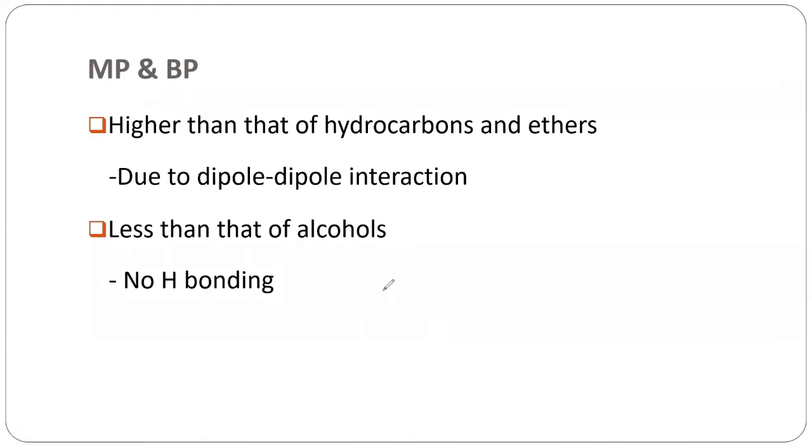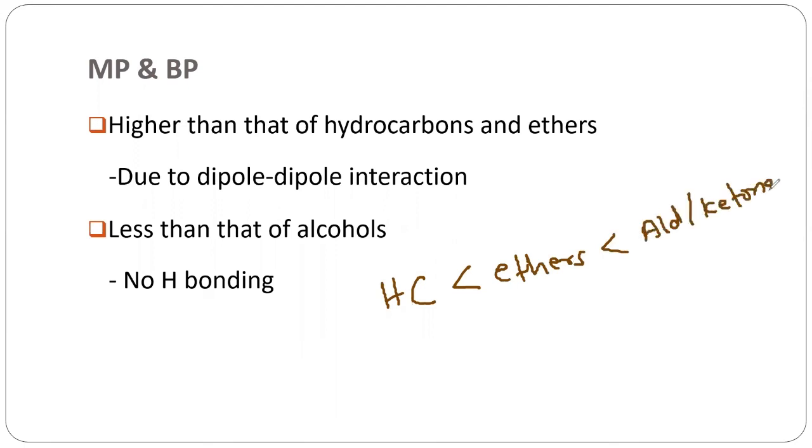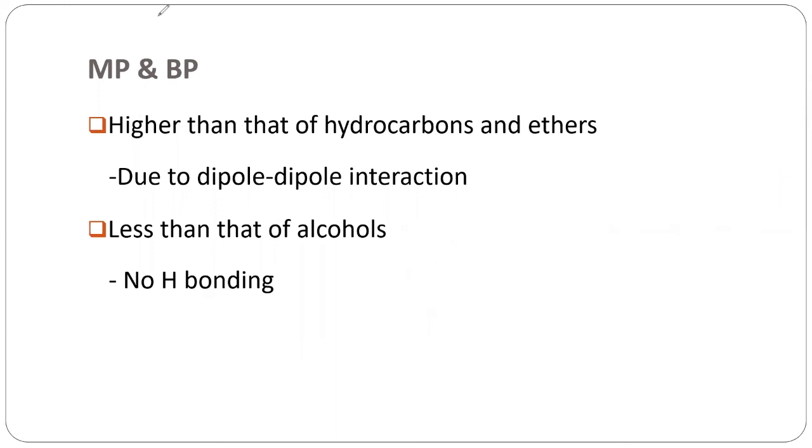Generally, we have hydrocarbons which have the lowest melting and boiling points, followed by ethers which are slightly polar, followed by aldehydes and ketones which have polarity but no hydrogen bonding, followed by alcohols which have a very high melting point and boiling point because of hydrogen bonding. This is about melting point and boiling point.